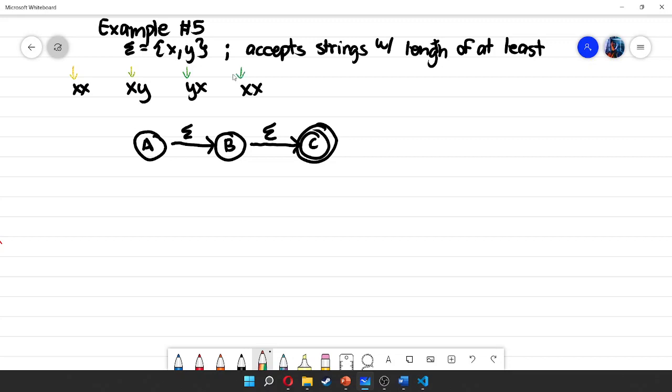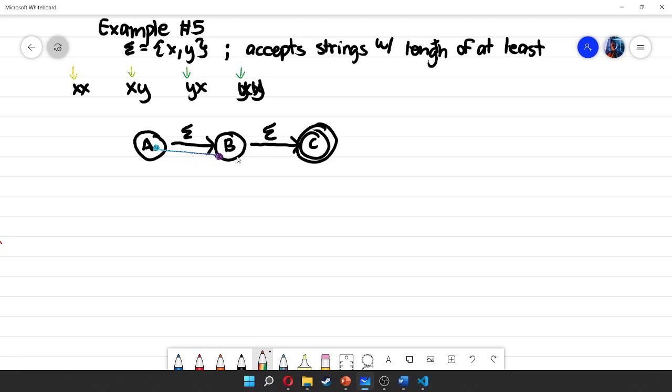If this is the input XX, Y, what? Y. Okay, so if we are in state A and we see either X or Y, then we go to state B, right? So we start counting. It means we have read one character, right? We do not care what character it is, whether it is X or Y, as long as we read one character.